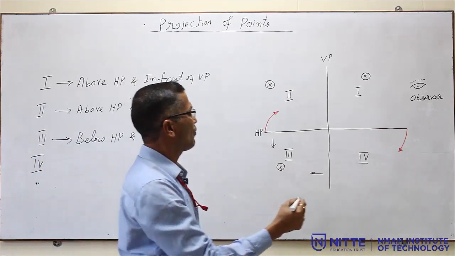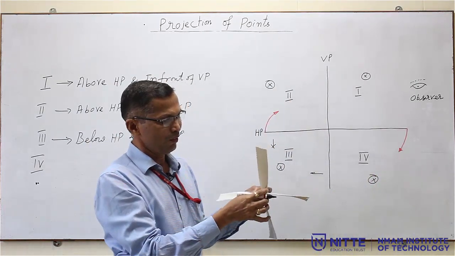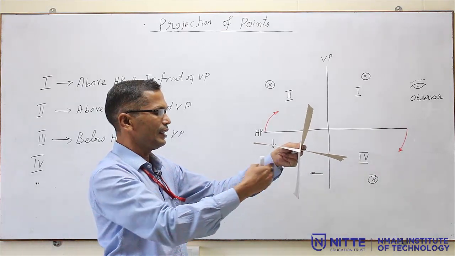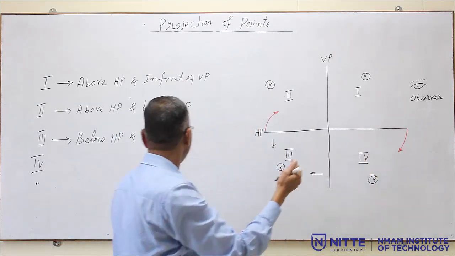If the point is in the fourth quadrant, now here this is the fourth quadrant, it is below HP and in front of VP.